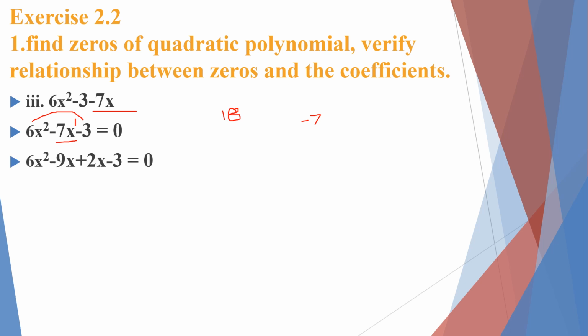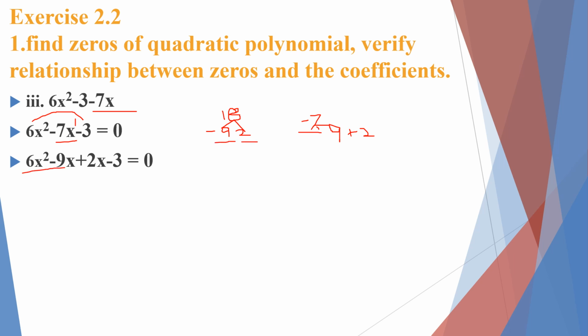We can take minus 9 and 2. When we multiply minus 9 into 2 we get minus 18, and when we add minus 9 with plus 2, we are getting minus 7, yes. So we have factorized and taken the numbers as minus 9 and 2.